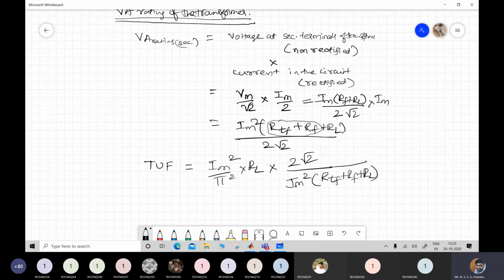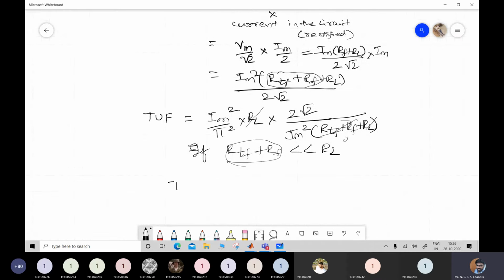Theoretically we can include that, but in most practical situations we consider the transformer resistance and the forward resistance of the diode as negligible quantities, and we will not write those values, unless they mention them in specific numerical questions. So if RTF plus Rf is negligible compared to the load resistance RL, then this value turns out to be 0 and RL gets cancelled.